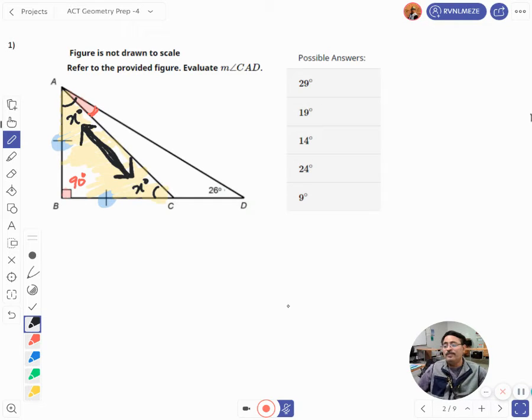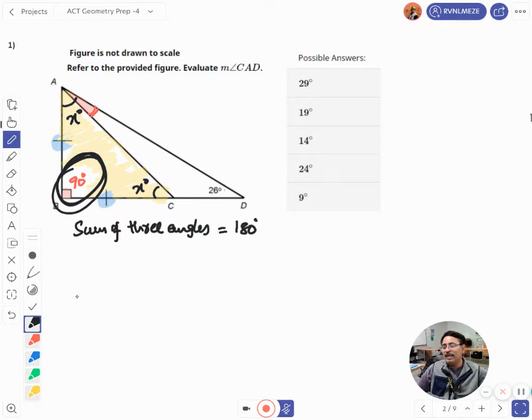Well, so if these two angles are assumed as x degrees and x degrees, I hope you remember that sum of three angles of a triangle is 180 degrees, and one angle is 90 degrees.